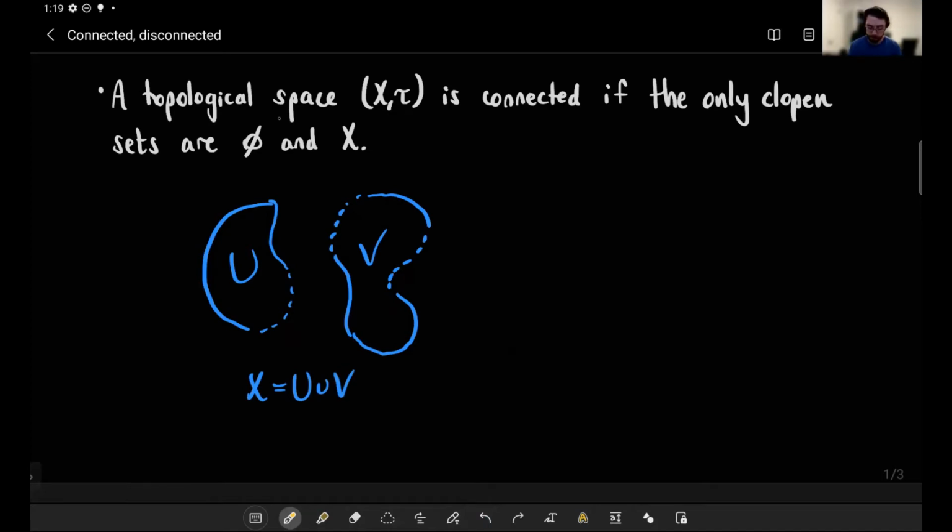Since they're not empty and they're certainly not the whole space, the fact that there exist any other clopen sets means disconnected. And I'll just mention they're clopen because, as subspaces, they're relatively closed and relatively open. The fact that they're separated means you can fit open sets and closed sets intersecting each.